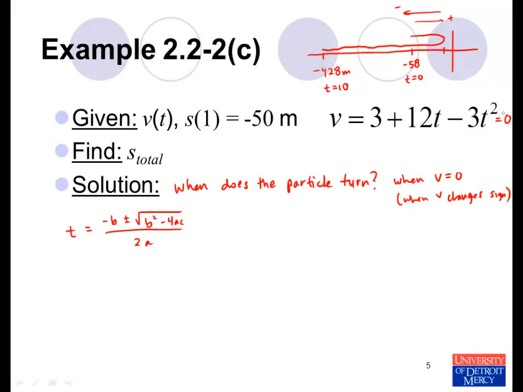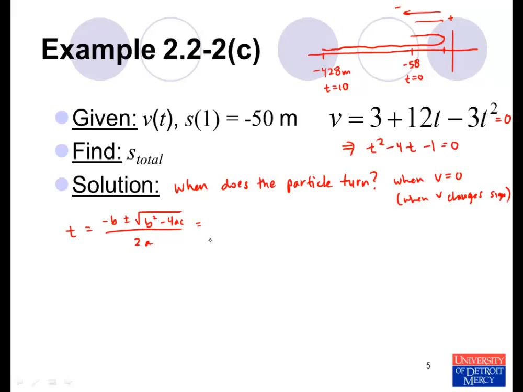In order to simplify the math, we can go ahead and divide through by -3. If we do that, this becomes t squared, this becomes -4t, and this becomes -1 equal to 0. And so using the quadratic formula, the coefficient in front of the t squared is 1. That's our a, this is our b, and this is our c.